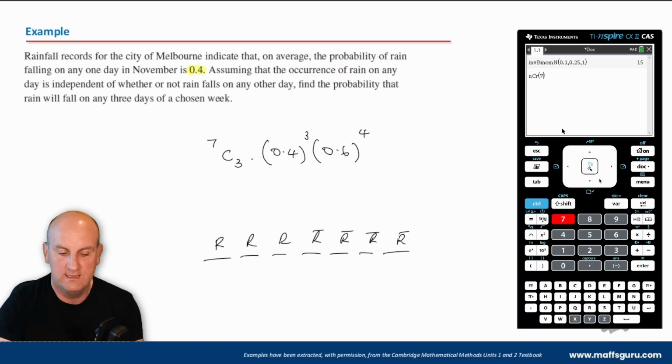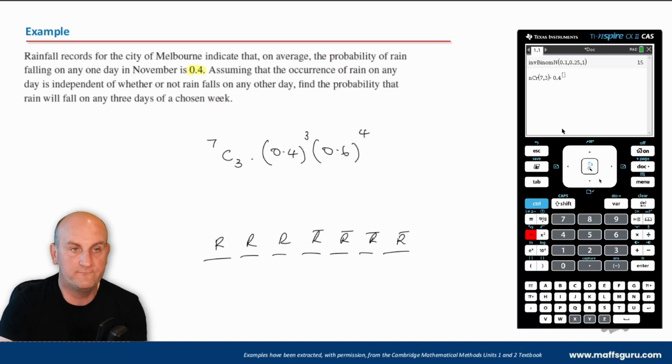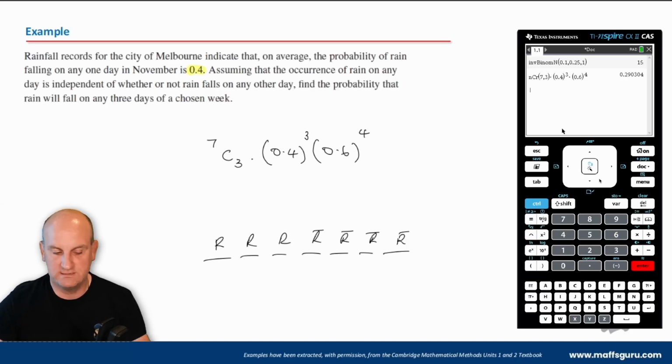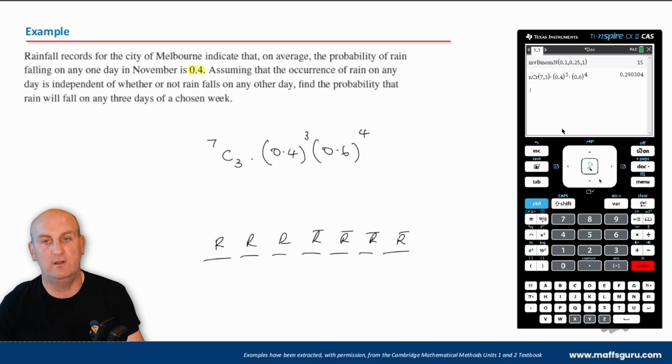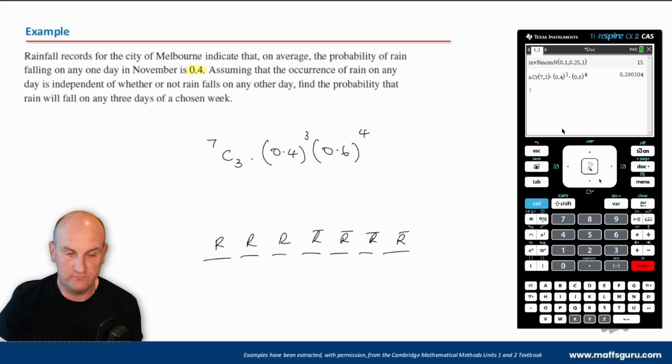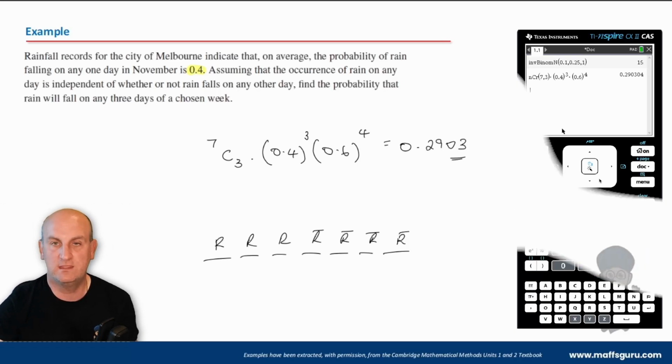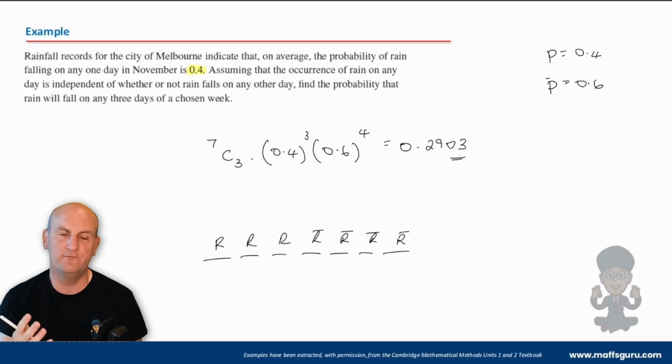It's going to be quicker than doing the 7C3 times 0.4 to the power of 3 times 0.6 to the power of 4. Are we happy with that? And there we go. So the probability that it is going to rain on any 3 of those days would be given by 0.2903. Now, in most cases in methods, they will ask you to do decimals to 4 decimal places.